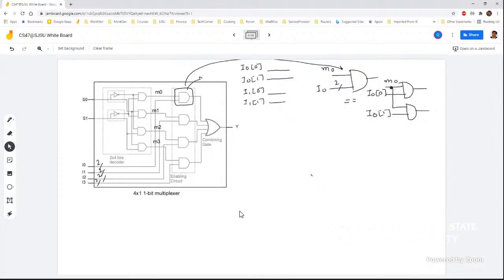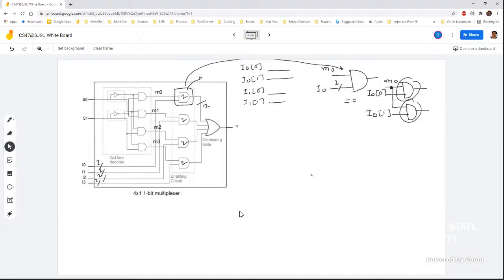So internally, for a 2-bit, you have two of the AND here, and for each of them, there is 2 AND, 2 AND, 2 AND.